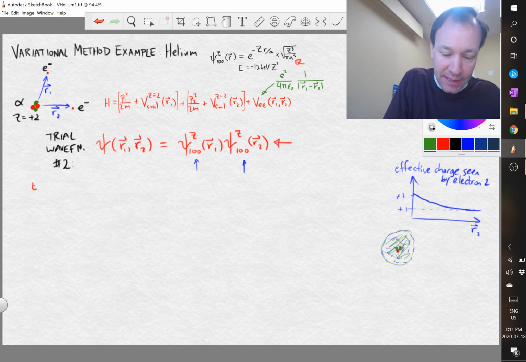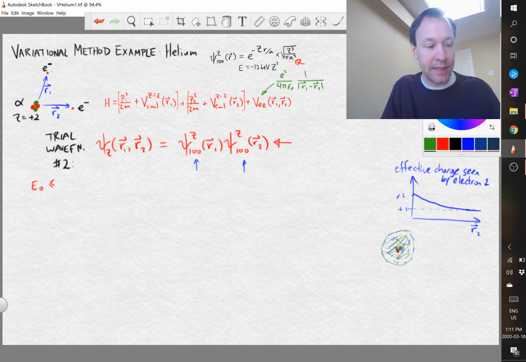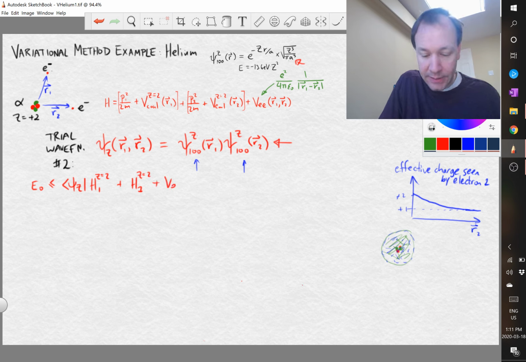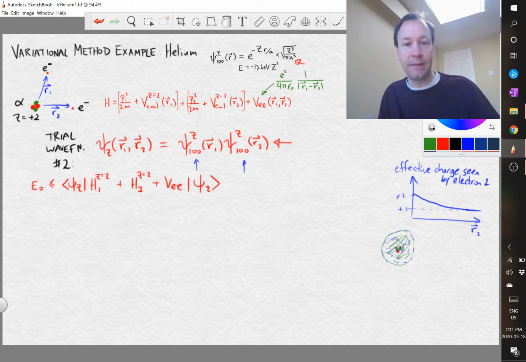So E0 is less than or equal to, and I'm going to call this psi Z, where Z is our parameter, the expectation of H1 with Z equals 2, plus H2 with Z equals 2, plus VEE, in the state psi Z.